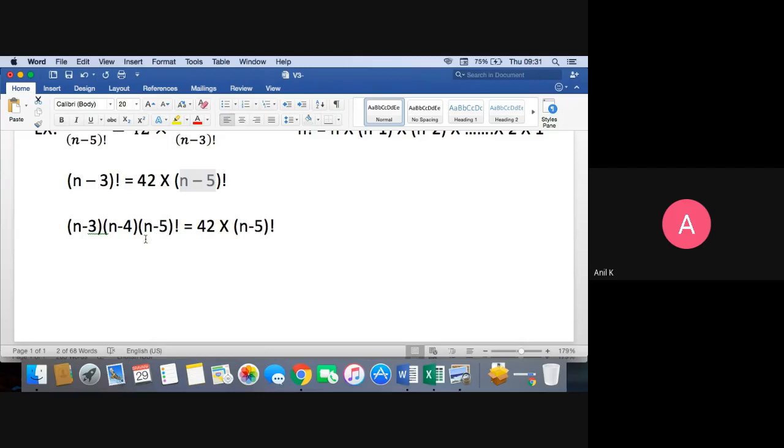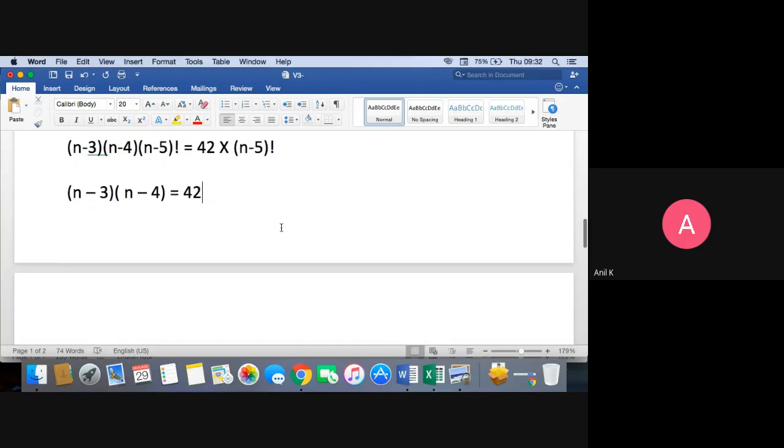Now this n minus 5 factorial will get cancelled on both sides. What you are left with is n minus 3 into n minus 4 equals 42. One method is to open it and simplify; it becomes a quadratic equation.